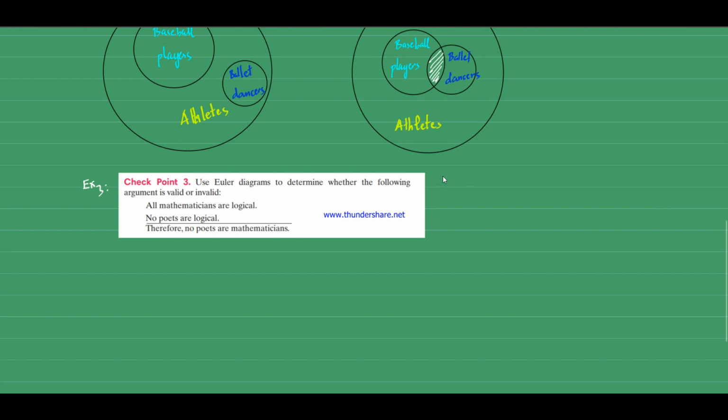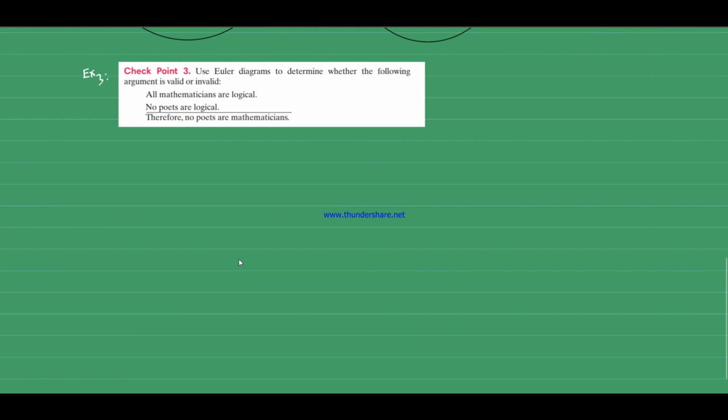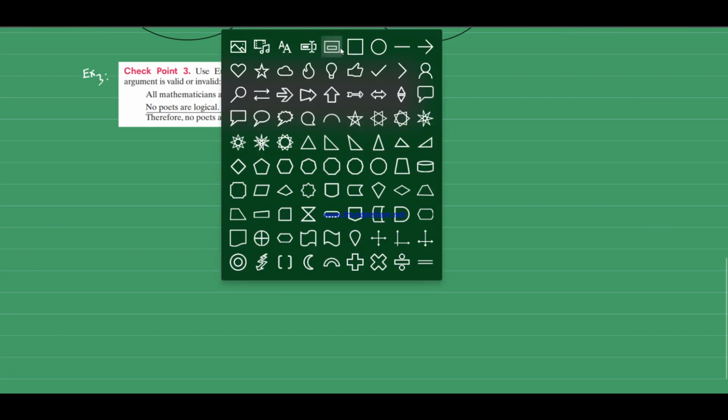So again, I have used Euler diagram to determine whether the following is valid: all mathematicians are logical. Okay, all mathematicians are logical. We can go ahead and draw the circle right over here.